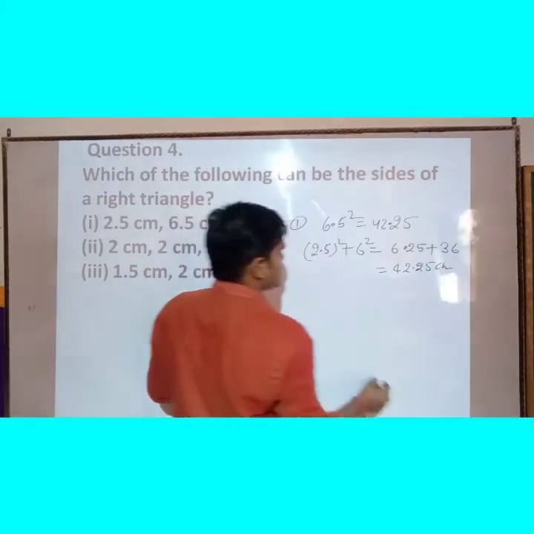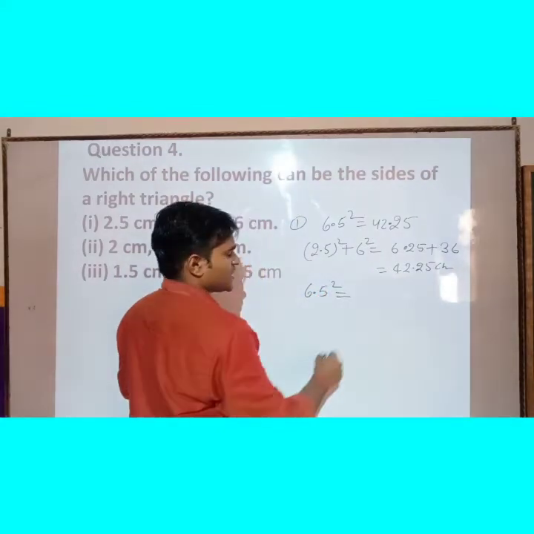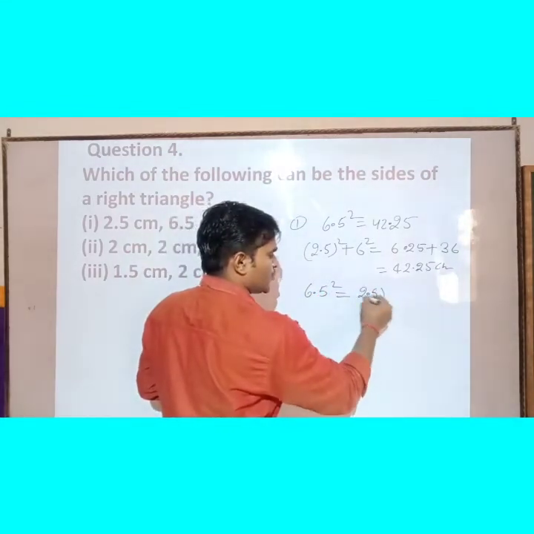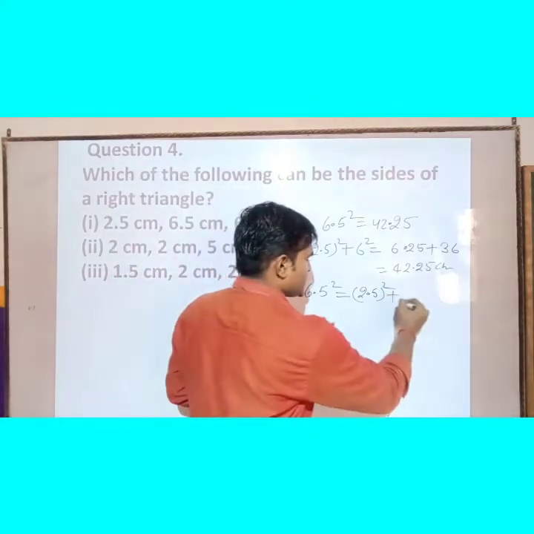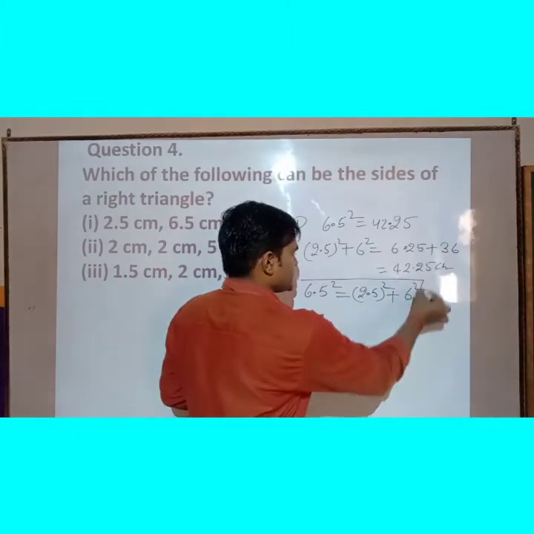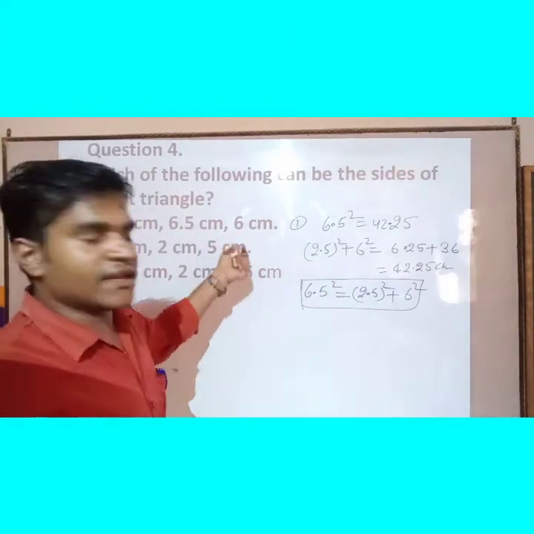When we add, we get 42.25. It means the square of 6.5 centimeter is equal to the square of 2.5 centimeter plus the square of 6 centimeter. These are equal. It means the first one is the sides of a right angle triangle.